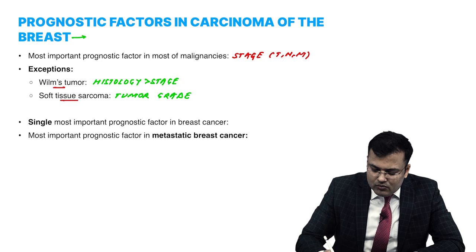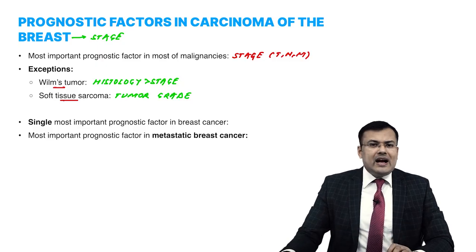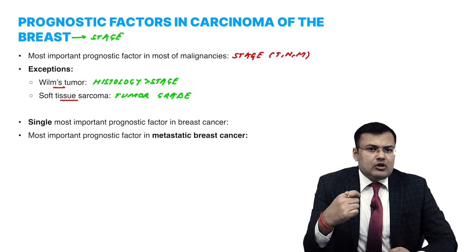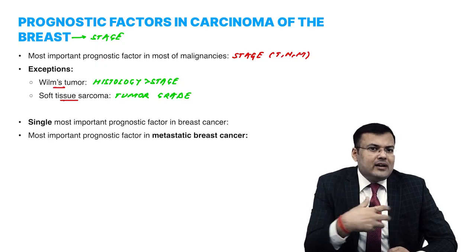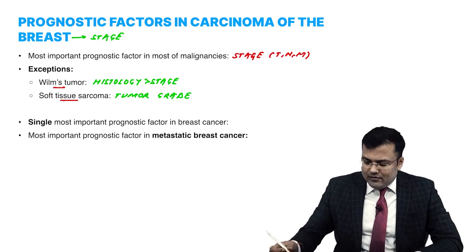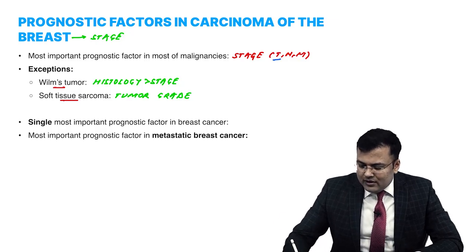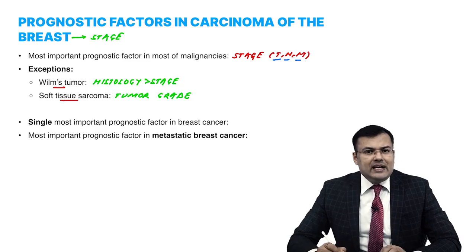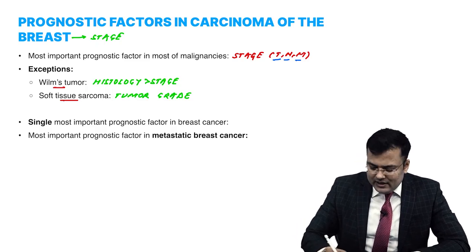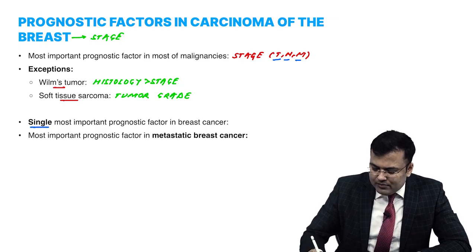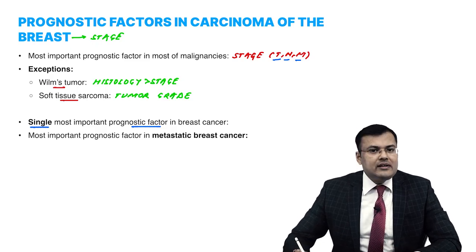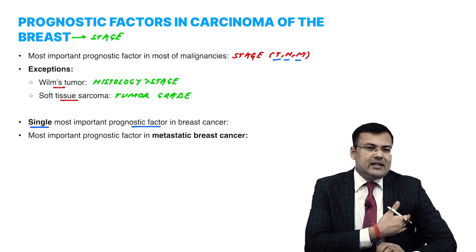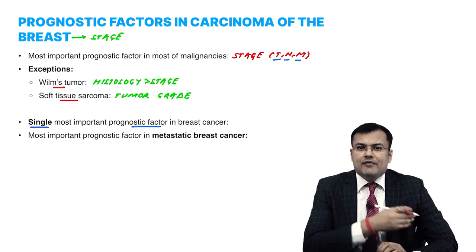So obviously for carcinoma breast also, the most important prognostic factor, yes, it is stage. You know, in adenocarcinomas, the most common route of spread is lymphatic. So if I have to choose one between T, N, and M, that single most important prognostic factor is N, and obviously in the breast N means axillary lymph node status.